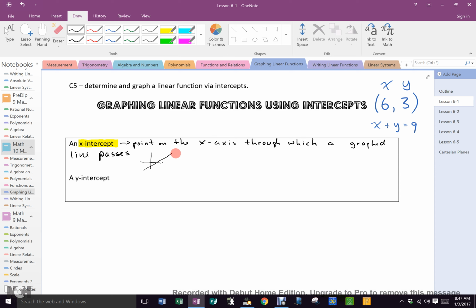One, because it crosses the X-axis once. No, that's why it's called an X-intercept. Okay? Everybody cool? So I'm going to put me a big old X on the X-intercept.